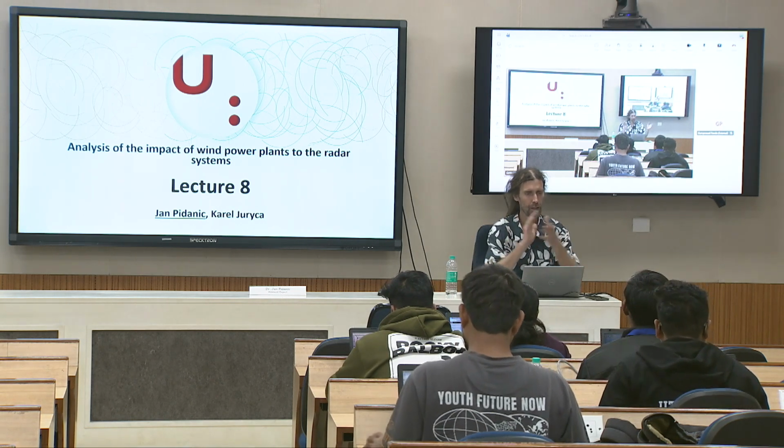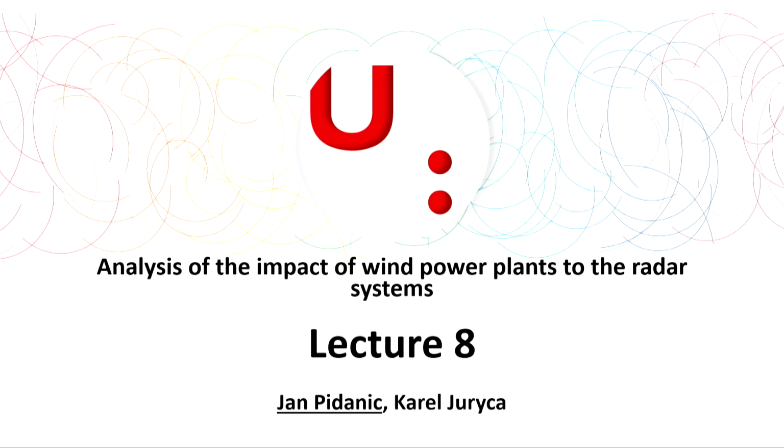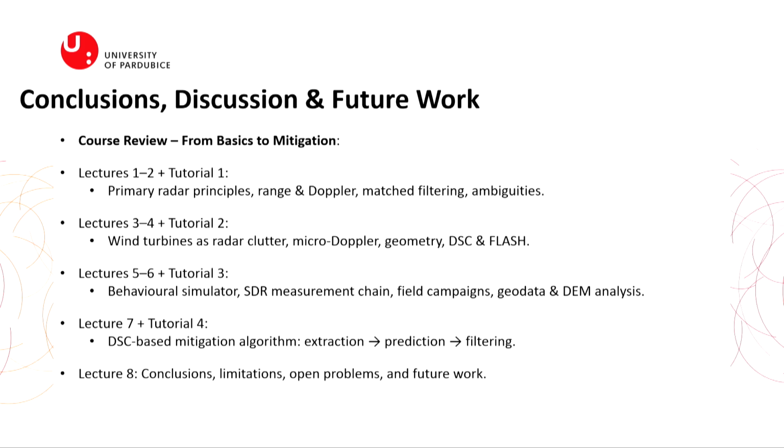So, we will look now to the whole story. We start Monday morning at 10 a.m. until 4 or 4:30 Friday p.m. 22 hours we spent each together. No, I'm joking. So there is just course review that we start. What is primary radar?